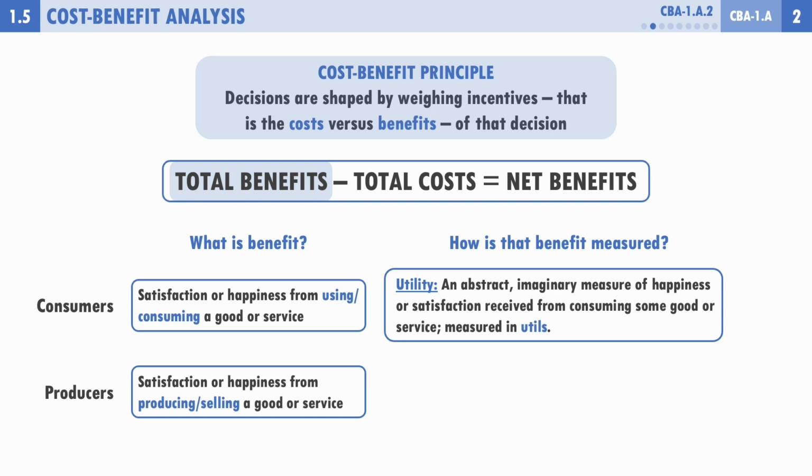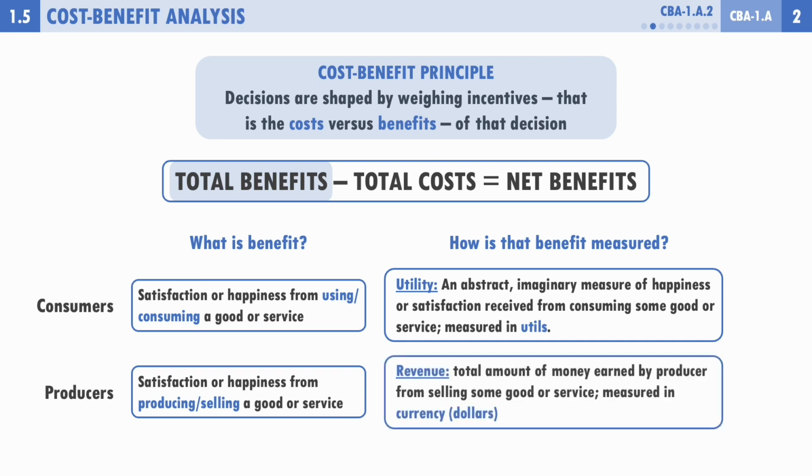Oftentimes, it's a little bit easier for producers because we can measure the benefit they receive from producing or selling something in currency, right? We can look at a producer's revenue, the amount of money they earn from selling some good or service. So whenever I go to a coffee shop and I purchase a coffee, they can measure the value that they get from selling that coffee because I paid them however much money, and that's the benefit they're getting.